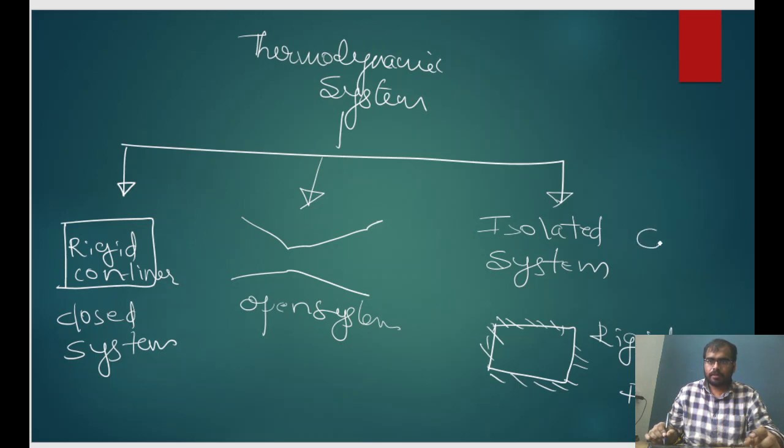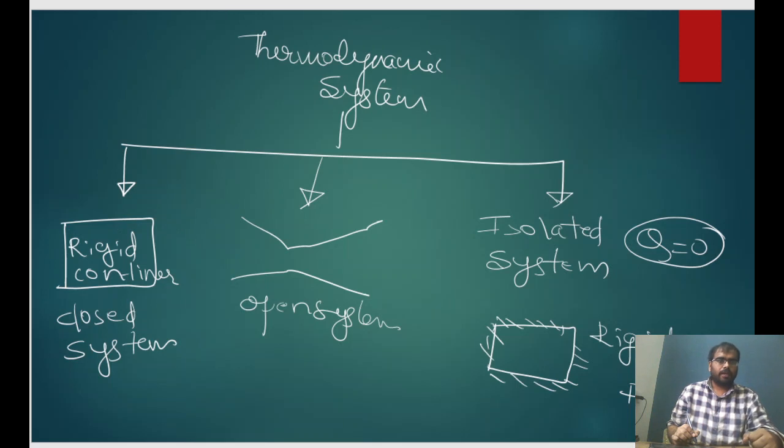Isolated means Q is equal to 0. Heat interaction is 0. Heat is a form of energy, so neither mass nor energy can cross the boundary. Okay, moving on to the next concept.